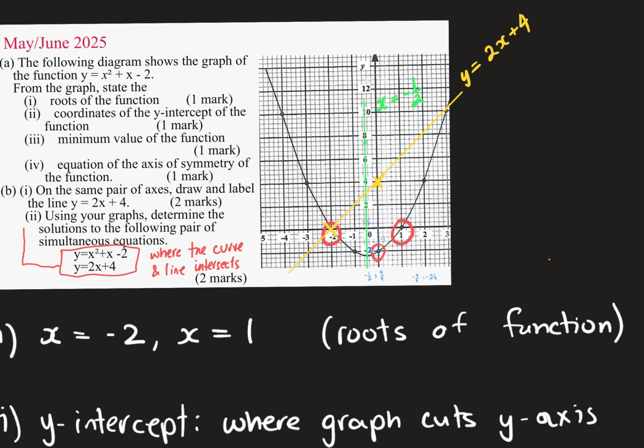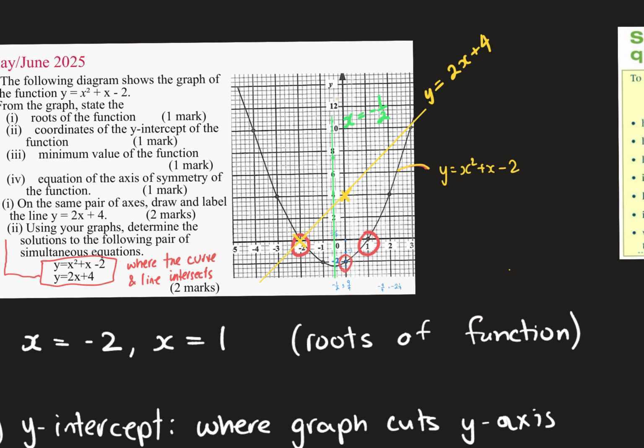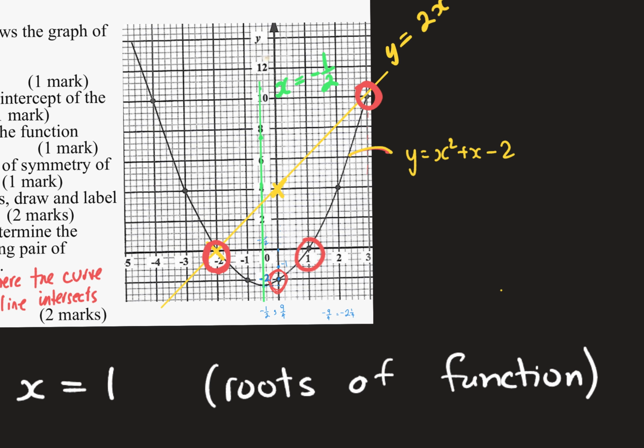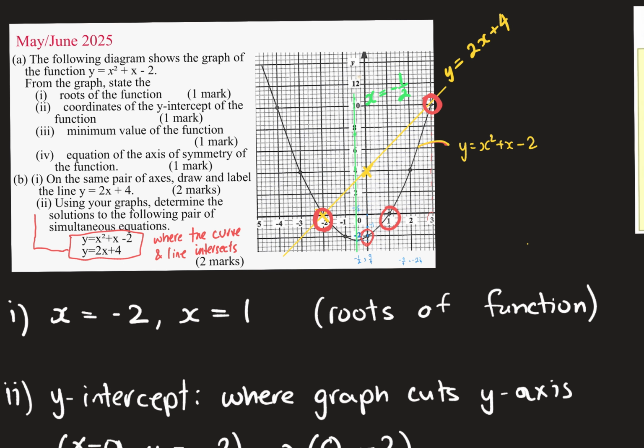Of course, this curve here is y is equal to x squared plus x minus 2, and this line is y equals 2x plus 4, and they intersect right there at x equals minus 2, and they intersect right there as well, at x equals 3.